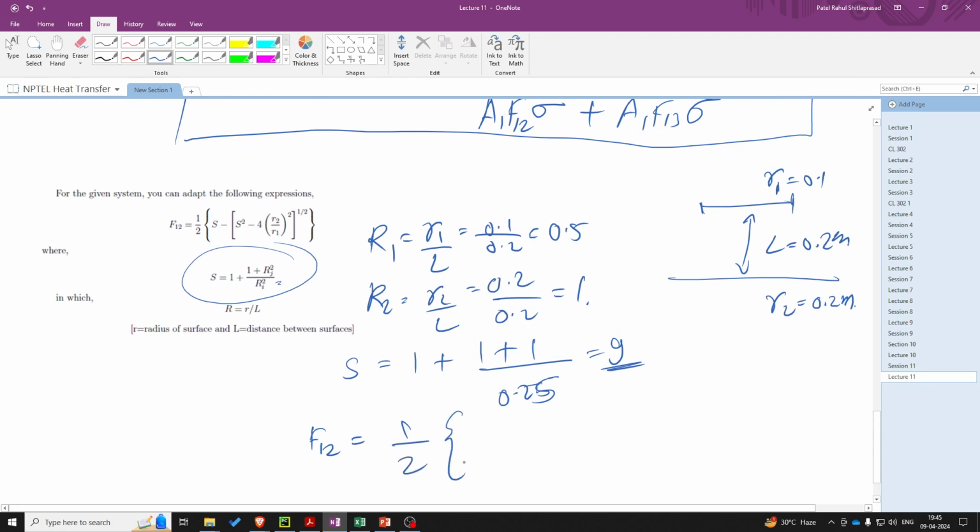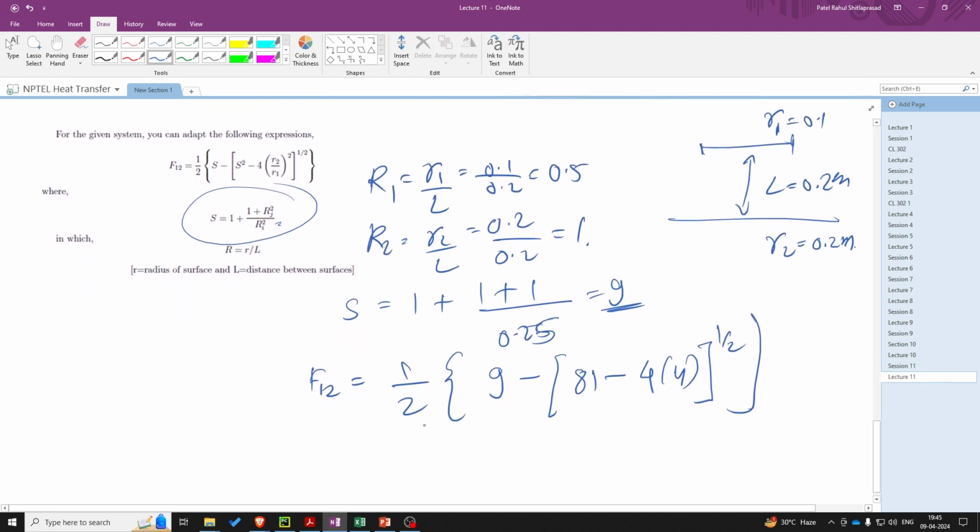F12 will be equal to 1 upon 2, the value of S is 9, minus the square root of 81 minus 4 into (R2 upon R1). It's 2. 2 whole square will be 4. So you can write this as 9 minus the square root of 81 minus 16.